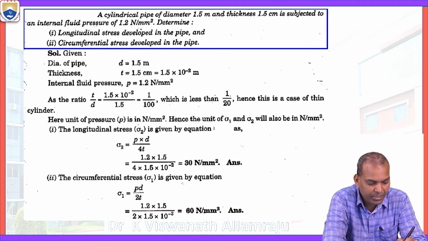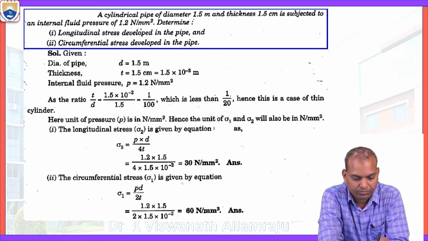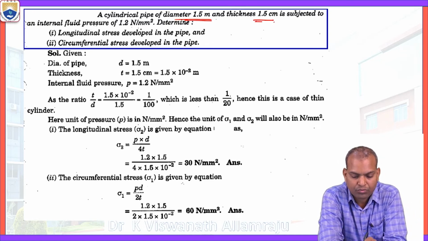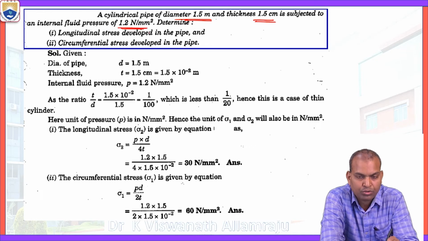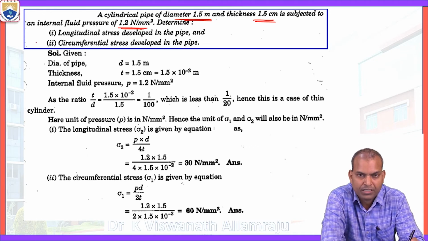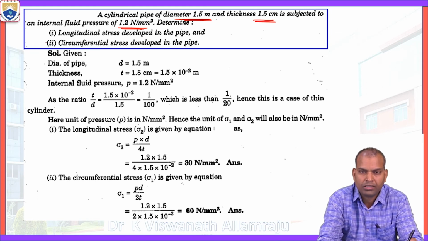In this problem, a cylindrical pipe of diameter 1.5 meters and thickness 1.5 centimeters is subjected to an internal fluid pressure of 1.2 Newton per square millimeter. Determine the longitudinal stress and also the circumferential stress developed in the pipe.